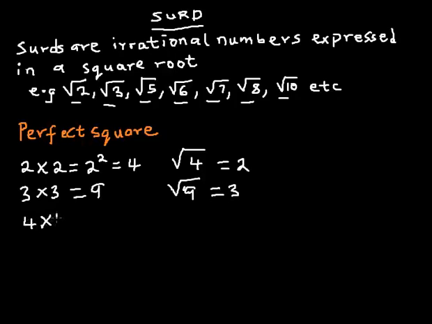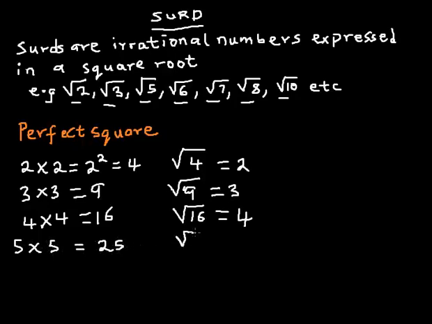4 times 4 is 16, then the square root of 16 will yield 4. 5 times 5 is 25, then the square root of 25 yields 5. 6 times 6 is 36, so if I find the square root of 36, that's going to be 6.